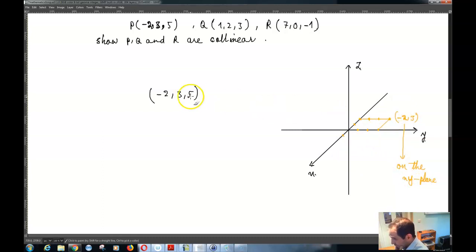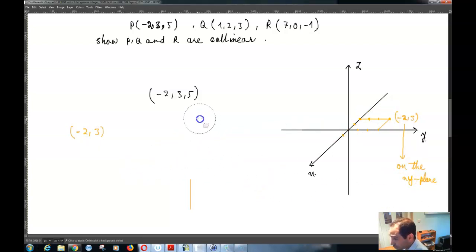So now I have my point on the xy plane, and that would be a simple point like -2, 3 in a two-dimensional system. And if I were to plot this in a two-dimensional system, I would simply put my x-axis over here, my y-axis over here, and then 1, 2, and 3, and then this would be my point. This is that exact point over here.